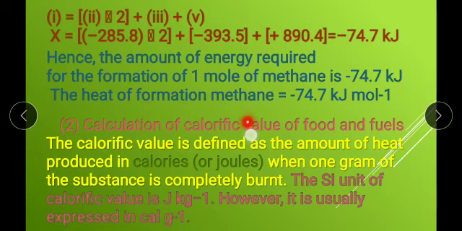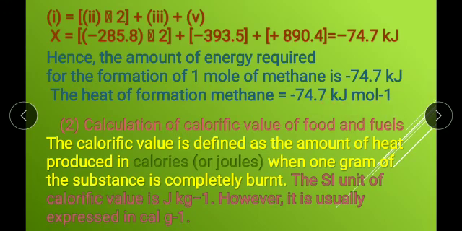Then the heat of formation of methane is minus 74.7 kilojoule per mole. We calculated it already. The same we can declare as the heat of formation of methane.